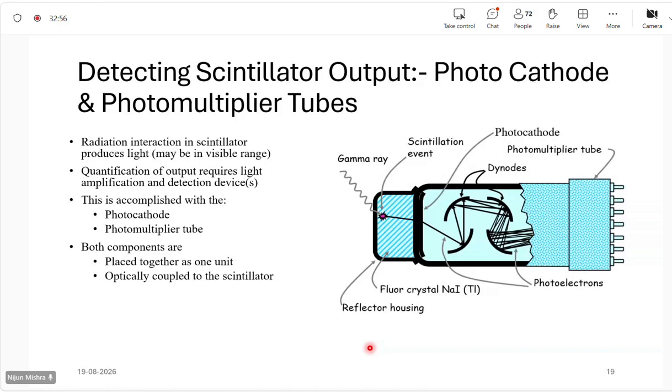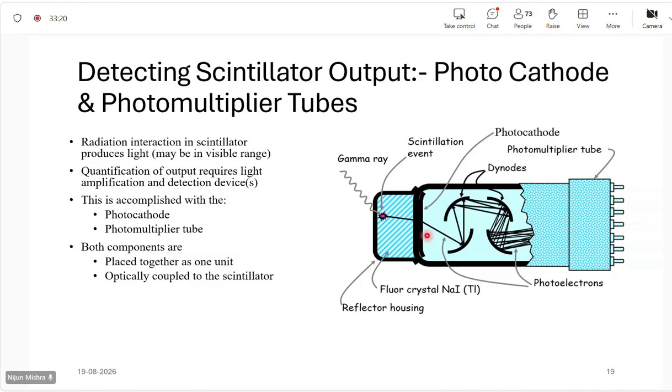Okay, so the output of the scintillation detector falls on the photomultiplier tube. What happens is, the gamma ray interacts with the detector medium, forms an electron, and creates a scintillation event which produces scintillation light. This scintillation light falls on a photocathode. This one is the photocathode.